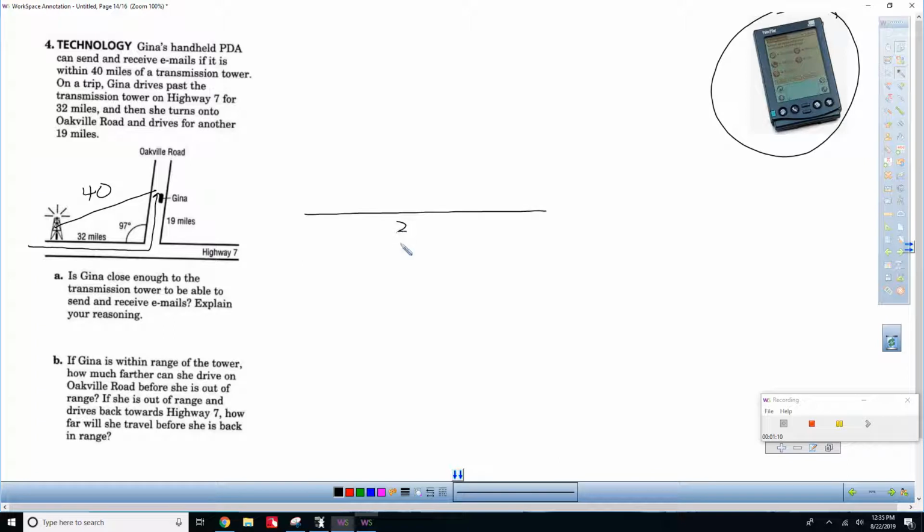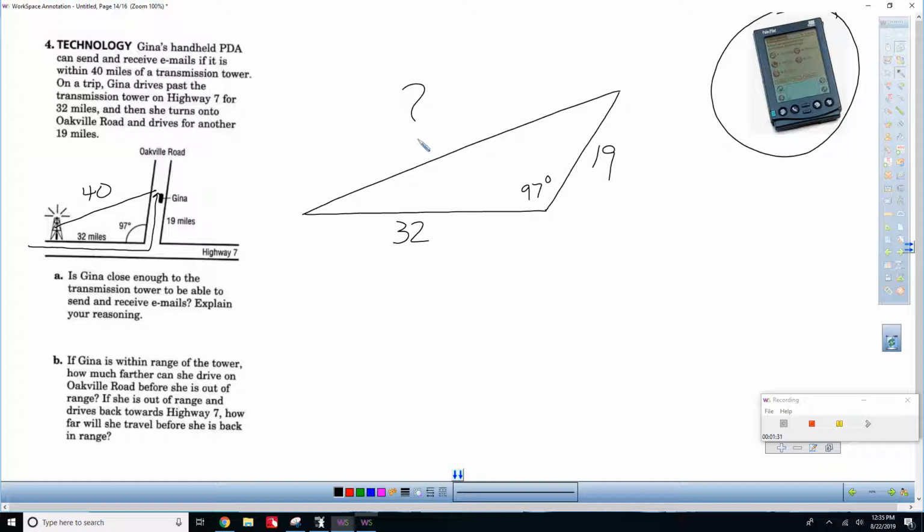So this is 32. The angle is 97 degrees, and she has traveled 19 miles on Oakville Road. The first question is, how far away is she?